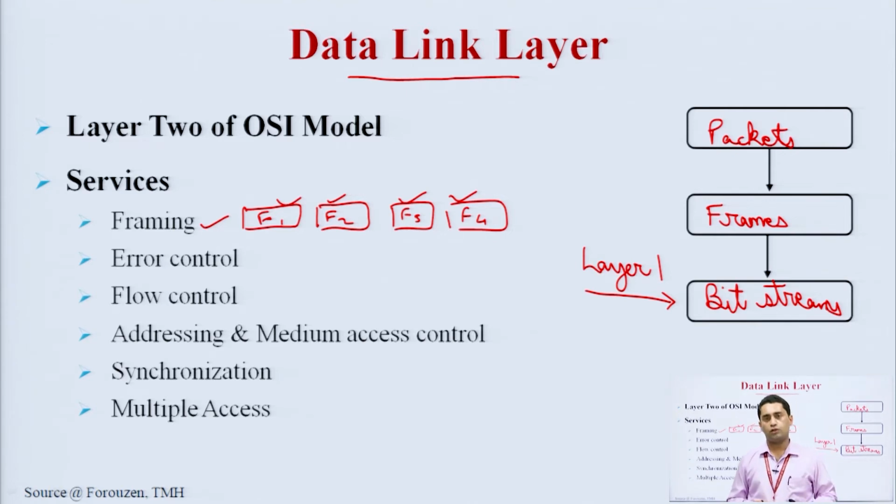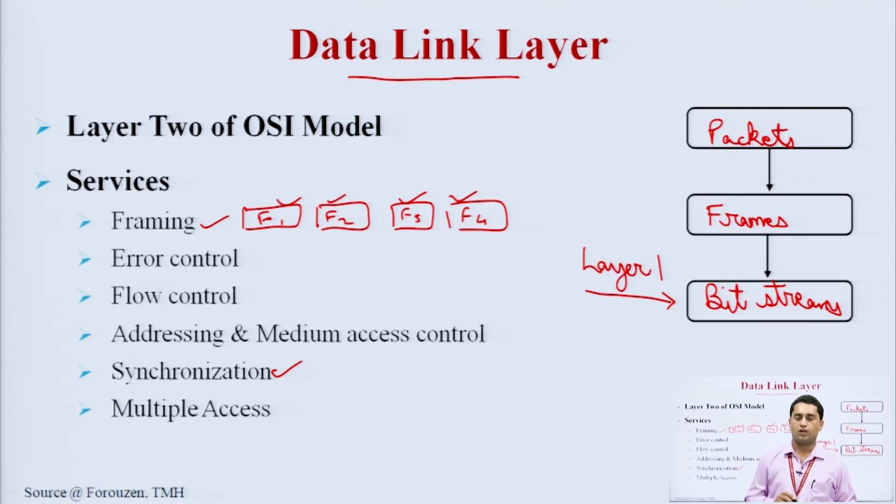This task is also performed by the data link layer at the receiver end, meaning some information is provided in the frames, in the data streams received at the receiver end. So this synchronization among the frames is also performed by the data link layer. Right now I discussed the first working, that is creation of frames and frame synchronization. I hope this part is clear.